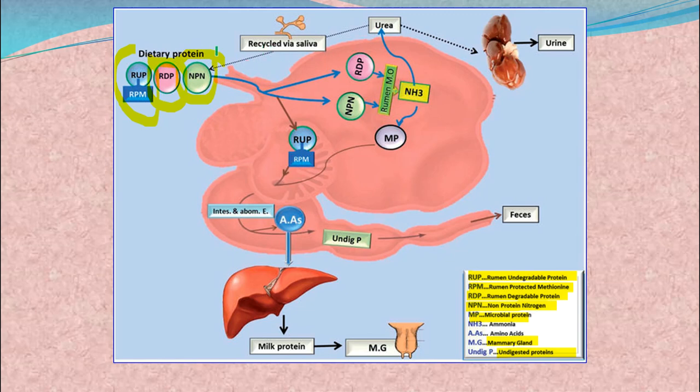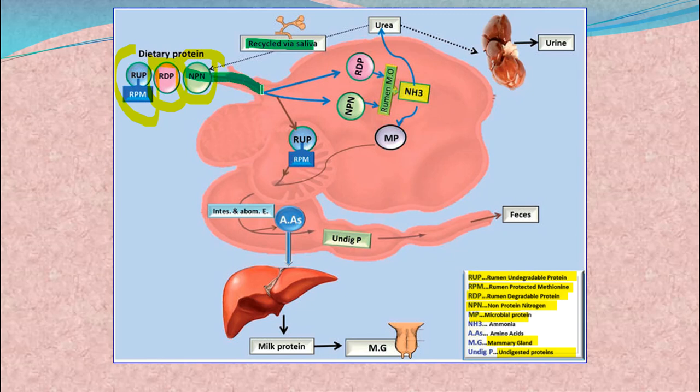The non-proteinous nitrogen in the form of urea is recycled in the saliva. Whenever urea is administered, it is immediately absorbed into the circulation, then secreted in the saliva, and makes the pH of the rumen alkaline. Now let us slowly enter inside the rumen.